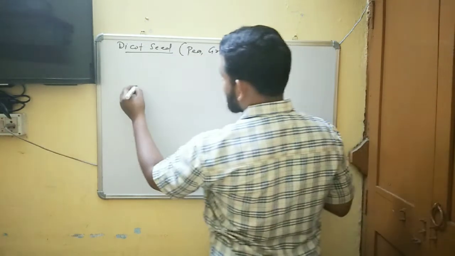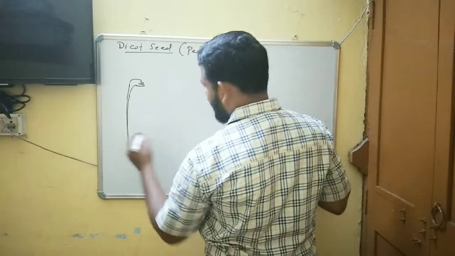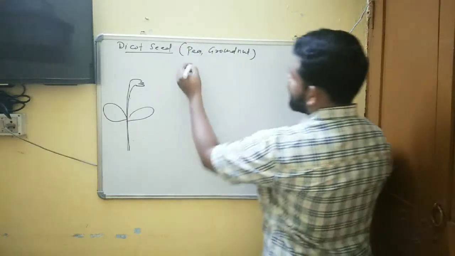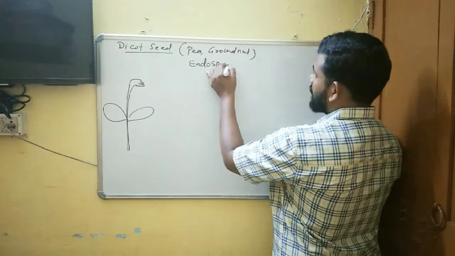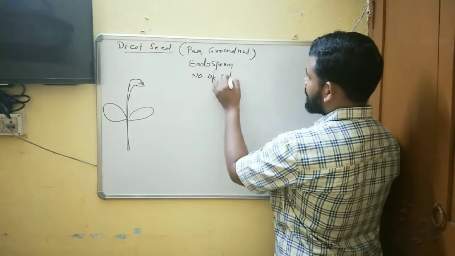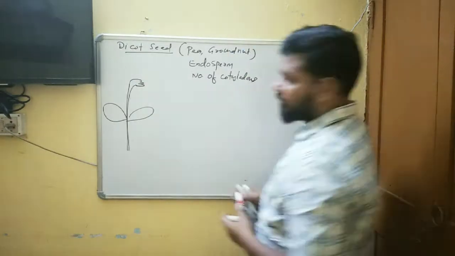The seed has a seed coat, and the embryo has an embryonal axis and two cotyledons.